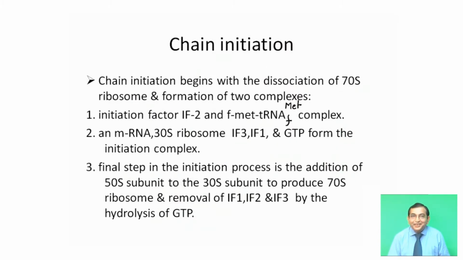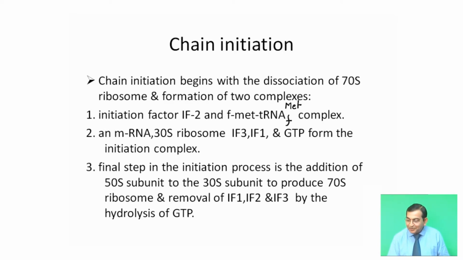Now the chain initiation can be summarized as follows. Chain initiation begins with the dissociation of the 70S ribosome and formation of two complexes. The initiation factor IF2 and fMet-tRNA fMet complex is formed, and mRNA, 30S ribosome, IF3, IF1 and GTP form the initiation complex.